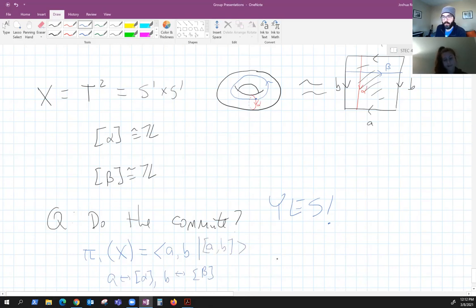The reason I'm writing it like that is because the generators of the fundamental group are explicitly the homotopy classes of loops. That's how you calculate fundamental groups: you take all the loops and those are your generators for your presentation. And then any relators you get from deforming homotopies, those are the relators in your presentation. So this is Z plus Z.